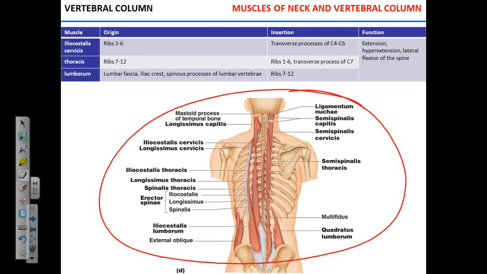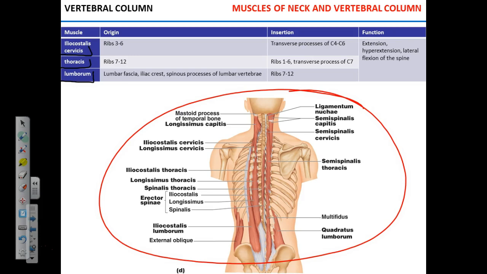Don't even look at Arnold, he doesn't have them. Well, he kind of does. Iliocostalis right here. But the point is, iliocostalis muscle has three compartments: cervicis, thoracis, and lumborum. So it tells you which ribs and which vertebrae are origin and insertion respectively.